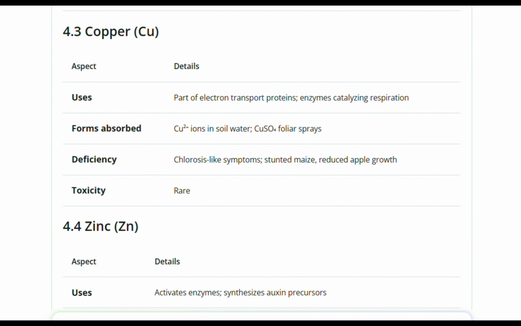Deficiency, similar to chlorosis, right? Young maize leaves yellow, stunted, reduced growth in apples. So chlorosis-like symptoms, stunted maize, reduced apple growth.